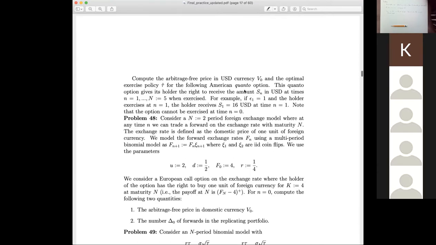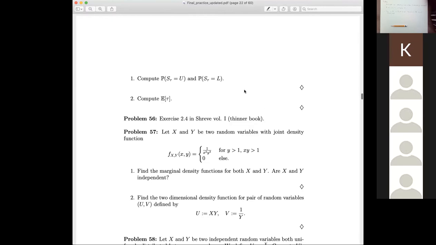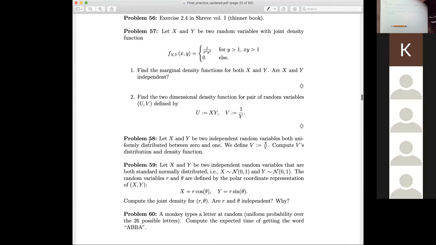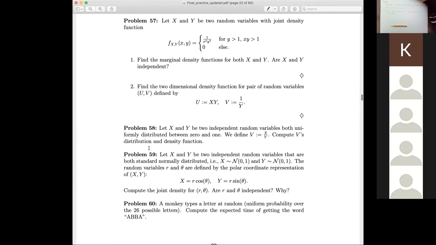There are lots of problems to work on, and I put in a few at the end, problems 57, 58, and 59. This is similar to some of the things that have come up in the homework. So I propose that we start out with 58 and then we do 59. Let's start with number 58.